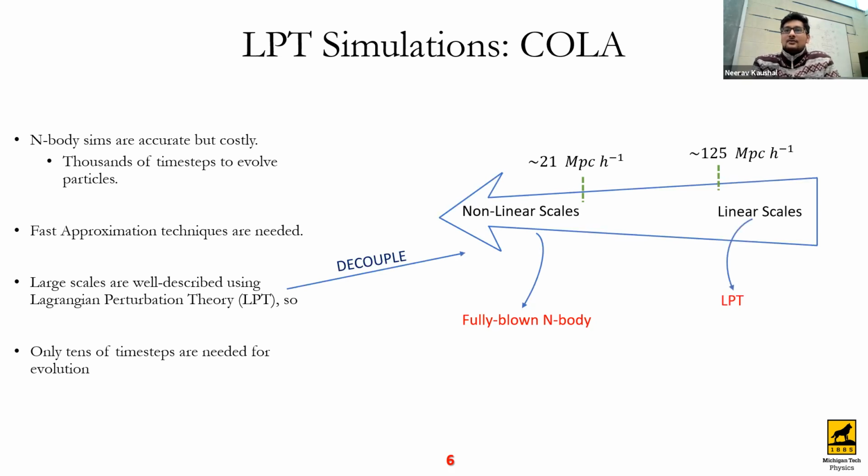We divide it into two different parts: linear, which are the large scales that we can use LPT on, that is the fast simulations, and the non-linear scales, which are the smaller scales where there is structure present. When I say non-linear, it means where there is no linearity, no isotropy and no homogeneity, such as the solar system or a black hole or the center of our galaxy. And these nonlinear scales can be evolved with a fully blown n-body, and it only takes tens of time steps, but they are less accurate.